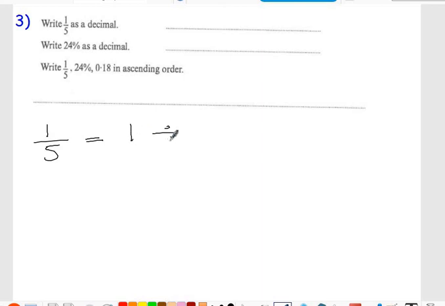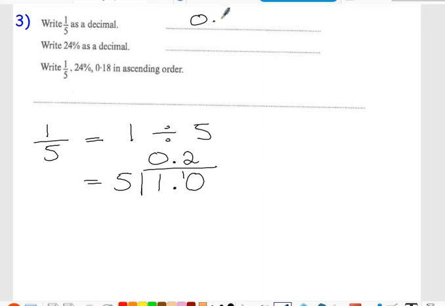So we can do 1 divided by 5, where we make ourselves a bus stop. 1 goes in the bus stop and 5 is outside. 5 goes into 1, 0 times, decimal point goes down, and we add a 0, carrying the 1 onto the 0. How many 5s are in 10? 2. So our answer is 0.2.